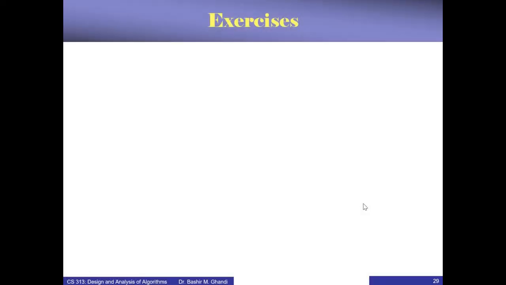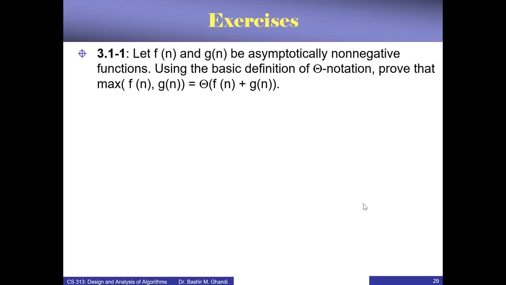Yeah. The last slide here is showing you some exercises. All of them are from the book. Let's go through them. Say let f(n) and g(n) be asymptotically non-negative functions. Using the basic definition of Big-Theta, prove that the maximum of f(n) and g(n) is equal to theta of f(n) plus g(n).